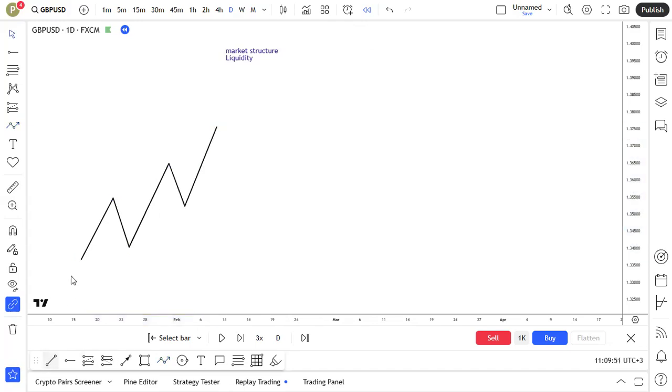We will see price creating what we call higher highs and higher lows, and price will keep on breaking previous higher highs and form new higher highs. So this is the higher high, and this is a higher high, this is the higher low.